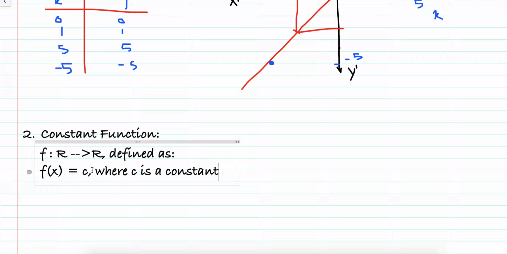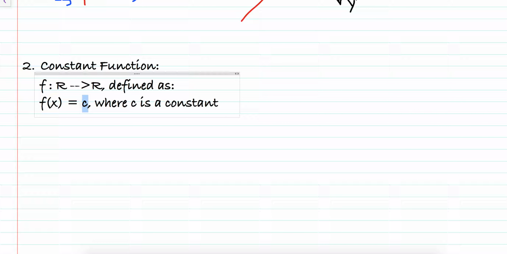So c is a constant like 5 or 10 or any constant value. So whatever is the value of x, this is independent of x. So it will always be the same value. So for example, let's say our constant is 5, f(x) equal to 5. This is our constant function.